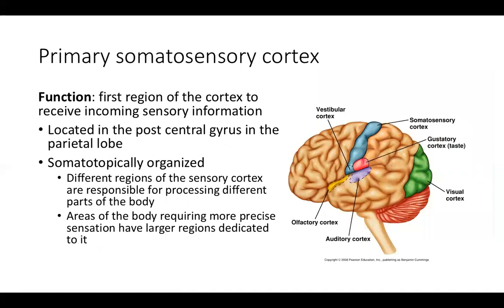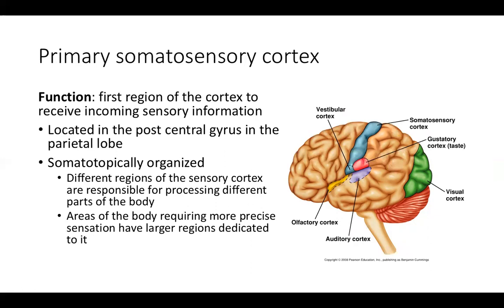Going on to the primary somatosensory cortex. This region is on the other side of the precentral gyrus. So this is the postcentral gyrus in the parietal lobe. And this is the first region of the cortex to receive incoming sensory information. Here we've labeled it in blue, as you can see in this image of the brain.